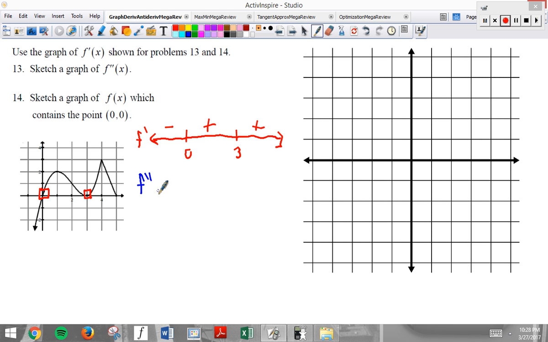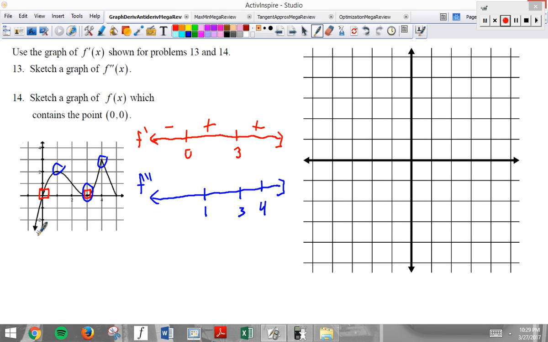F double prime. Wow. Straight lines. Bad. Not 0. 0 is fine for F double prime. For F, yeah, so that's a 1, 3, 4.